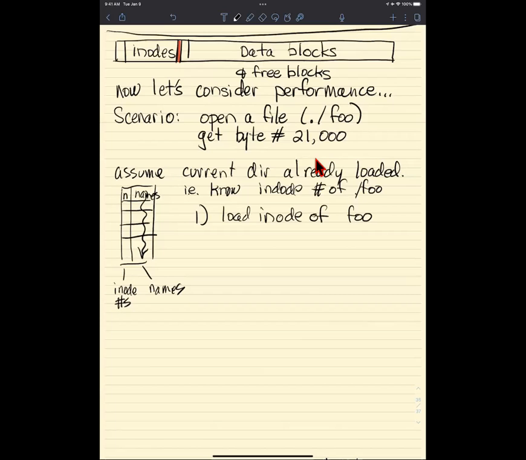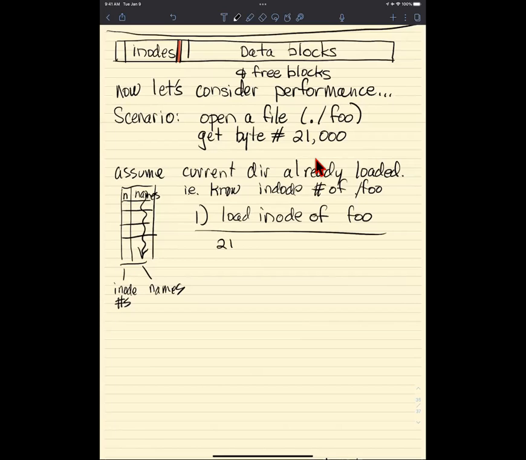Then now you have the inode for foo in RAM. You figure out which pointer is responsible for pointing at byte number 21,000. Okay, so let's work that out. So that's one IO, and then some computation.